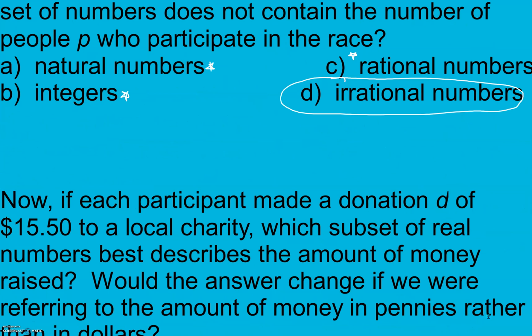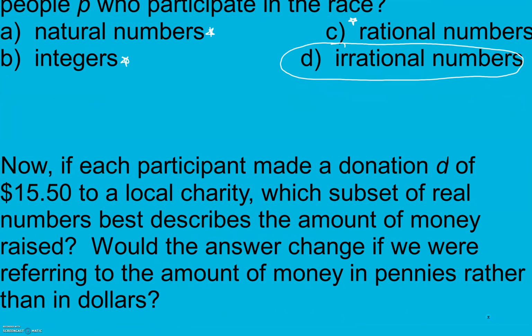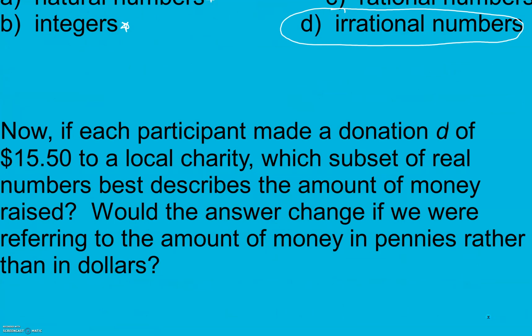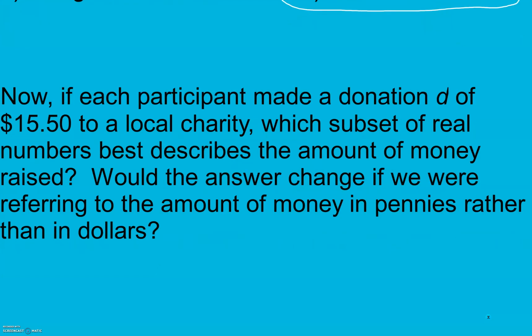Now, if each participant made a donation D of $15.50 to a local charity, which subset of real numbers best describes the amount of money raised? So if we have $15.50, and we don't know how many donations there are. So $15.50, if we look at that, that's not something we're necessarily going to count when we start at 1, like 1, 2, 3, 4.